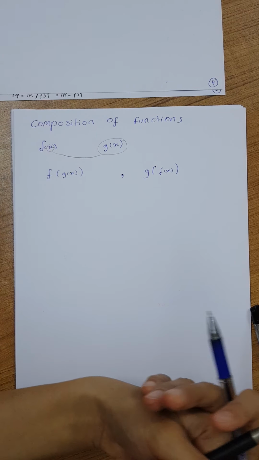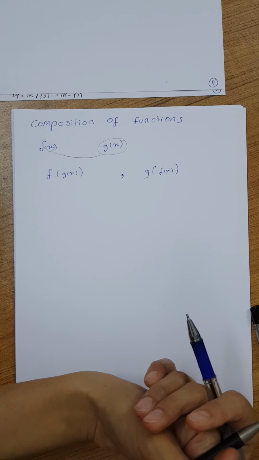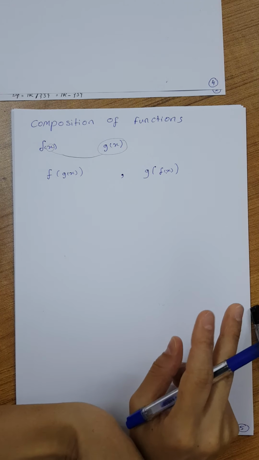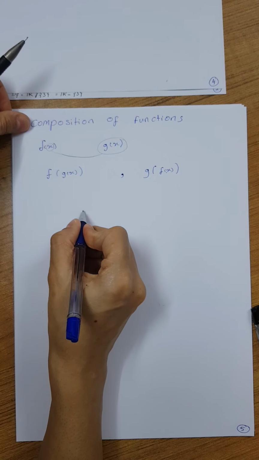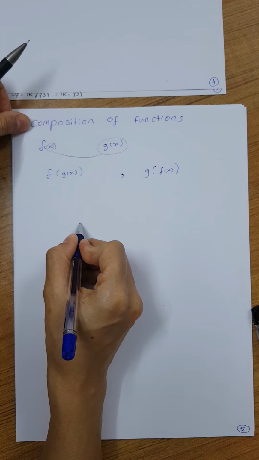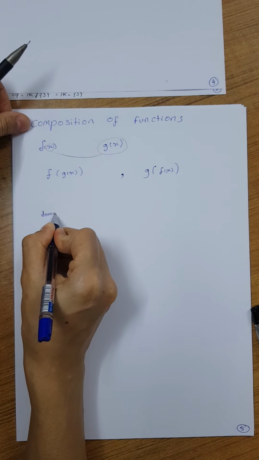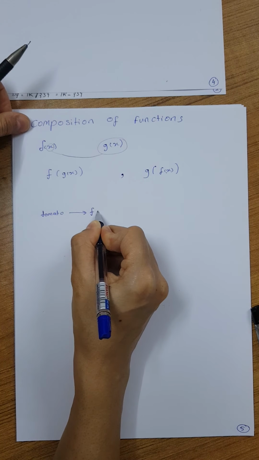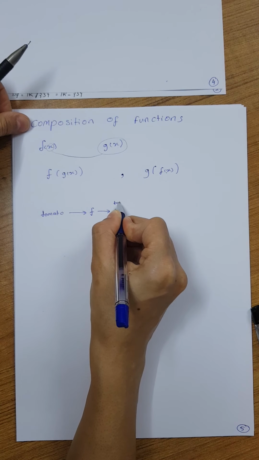When we were talking about functions, we were saying that a machine is working. But when we are talking about composition of functions, two machines are working together. For example, if I have a factory and I put tomato into machine f, I will get tomato puree.